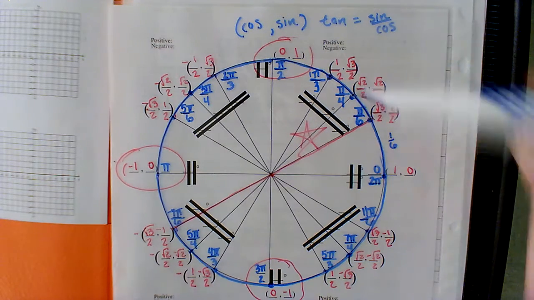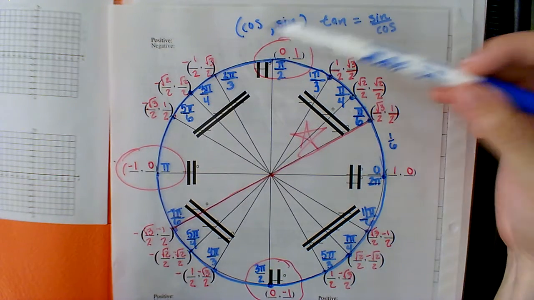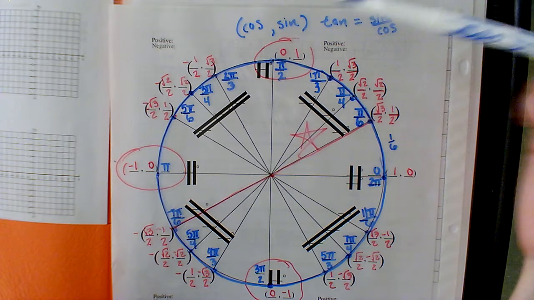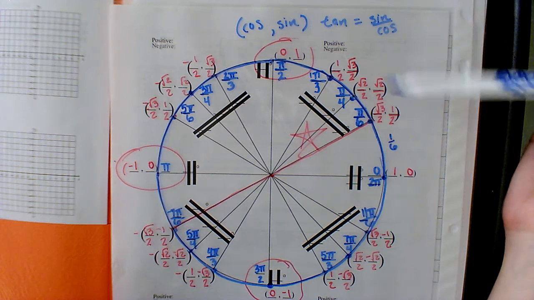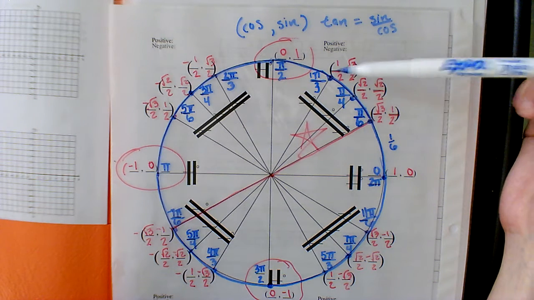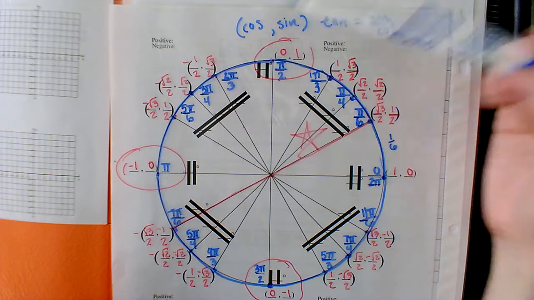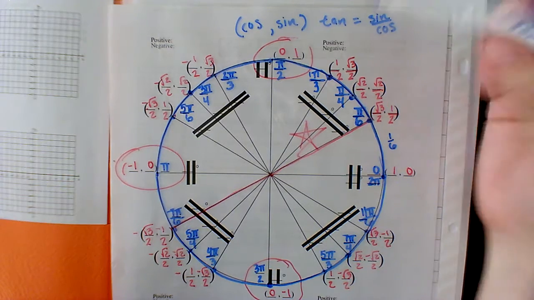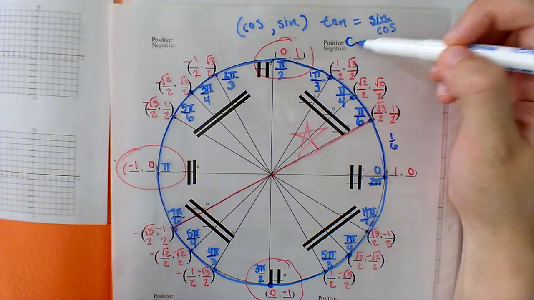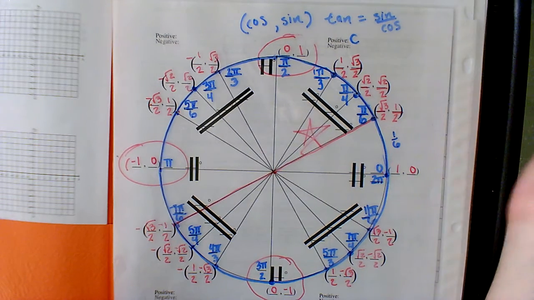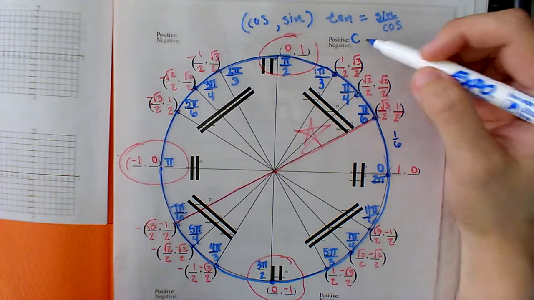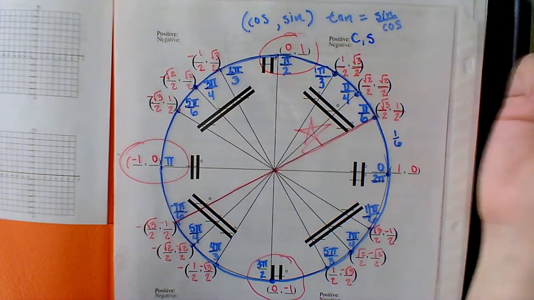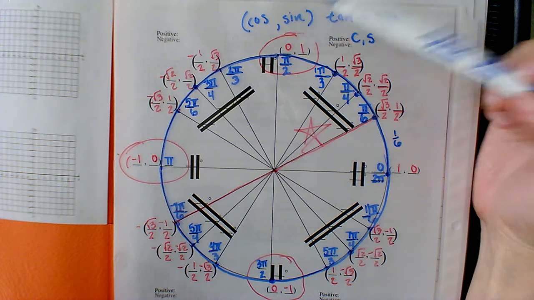Okay, so in the first quadrant, in terms of trig functions like sine, cosine, and tangent, let's figure out what is positive and what is negative. If you look at these ordered pairs, notice how all the x values are positive. So that must mean the cosine value is positive in that quadrant. So we'll just label that with a C. The y values are also positive, so that must mean sine is positive in that quadrant.